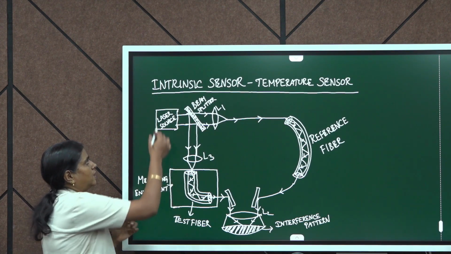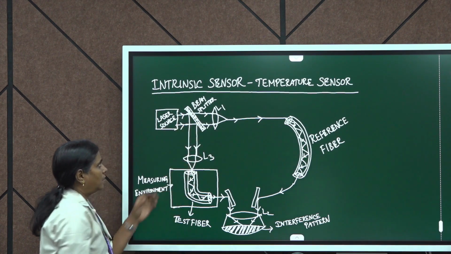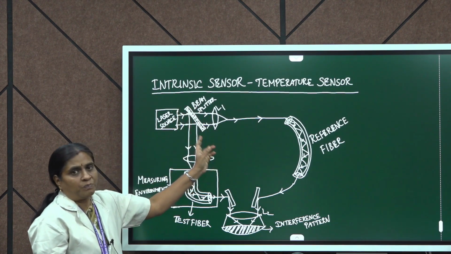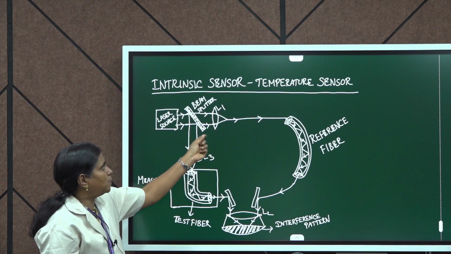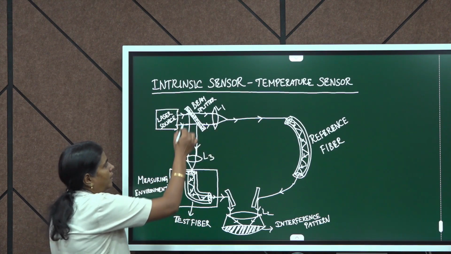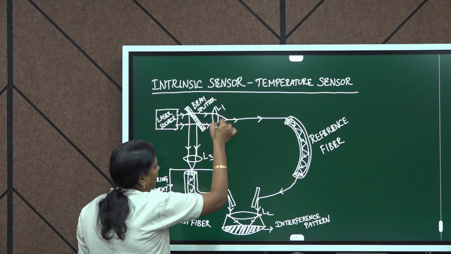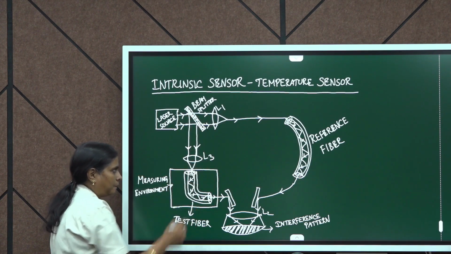Initially, this is a laser source, which produces the laser, and there is a beam splitter. This 45-degree inclined glass plate is the beam splitter, which splits the ray into two. One is sent through lens L1 and the other is reflected and passed through lens L3.